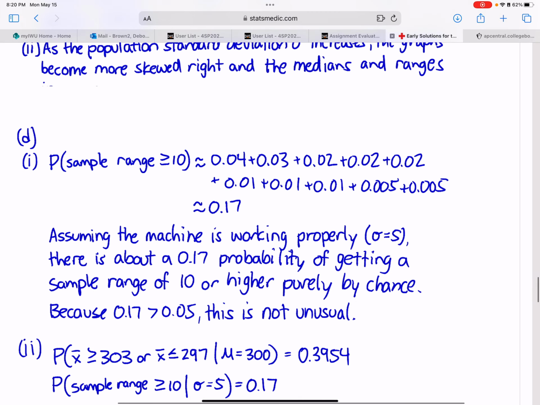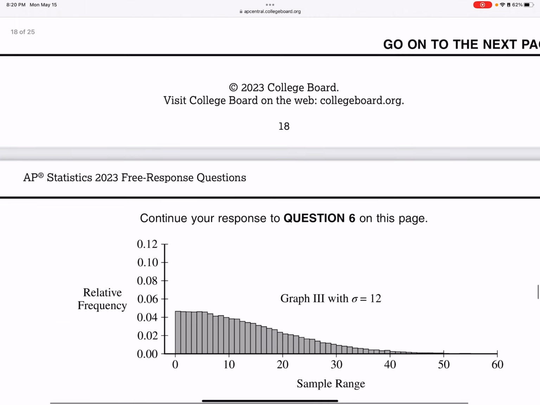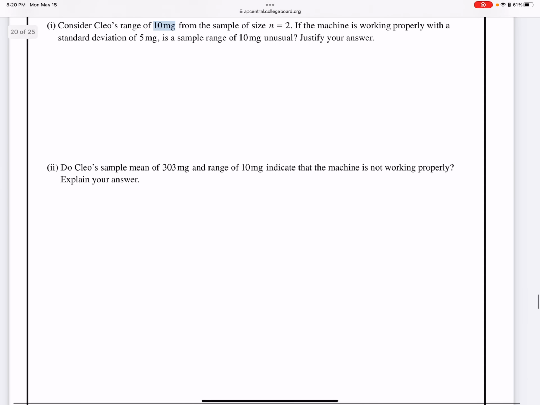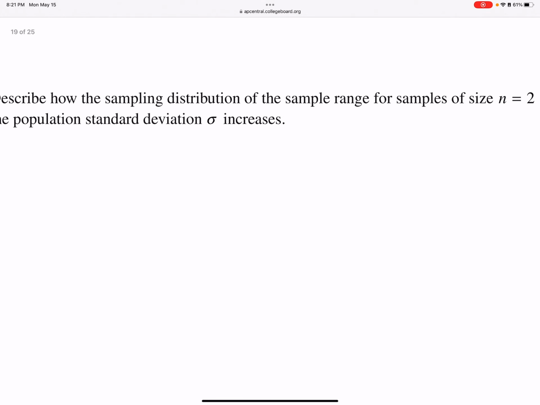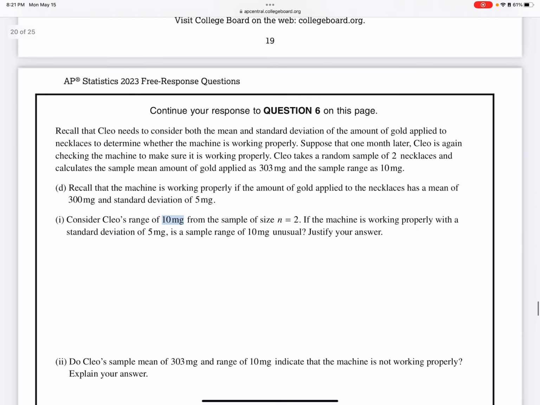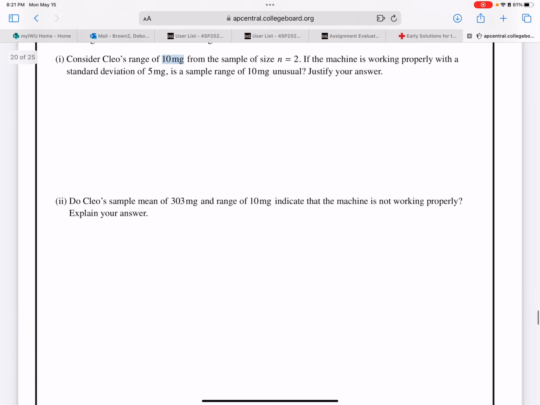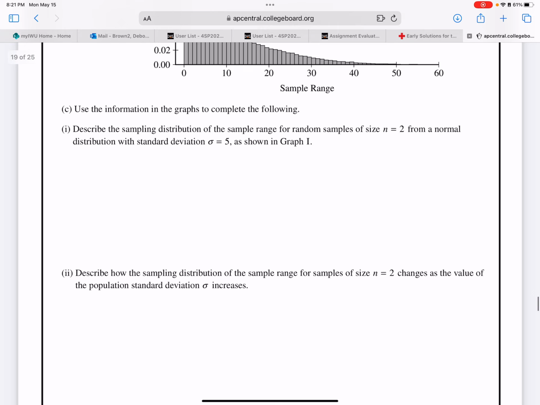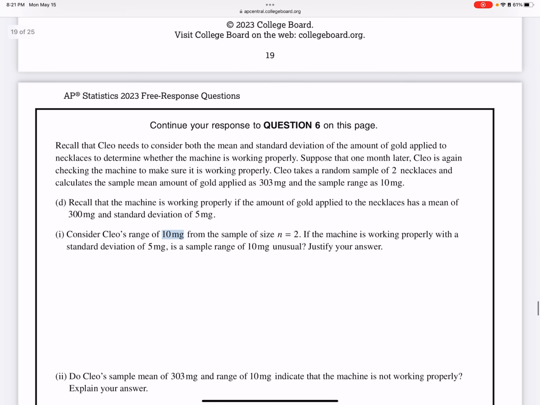And then the last question is interesting, and I think it's the trickiest one on there. It says, do the sample mean of 303 milligrams and range of 10 milligrams indicate the machine is not working properly? Notice it says "and," which means I'm going to multiply, because they're two independent probabilities. That's working back to this answer and then also to this answer.